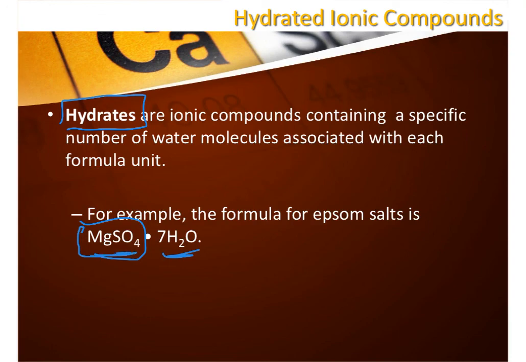So you can see here we have magnesium sulfate. And if there's a little dot there, that means it's a hydrate. That means that the water molecules are actually complexed and arranged in a regular pattern with the ionic compound. So how do you name those?